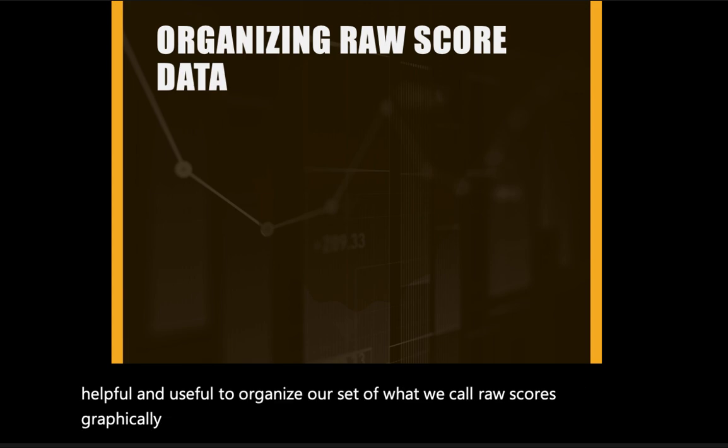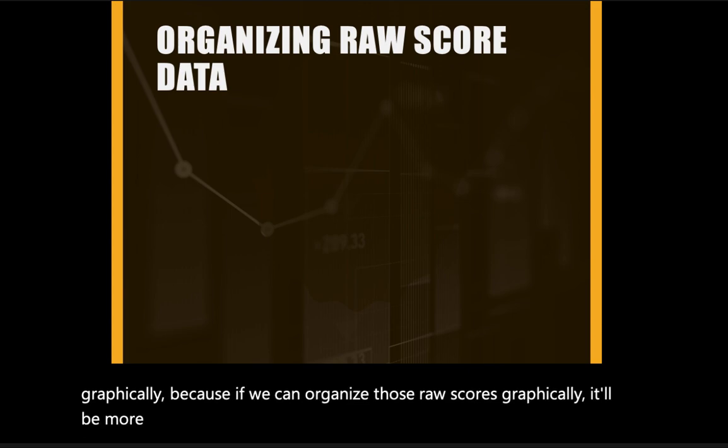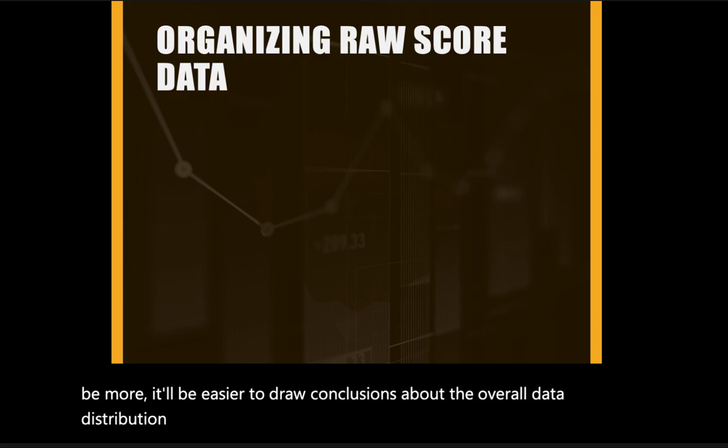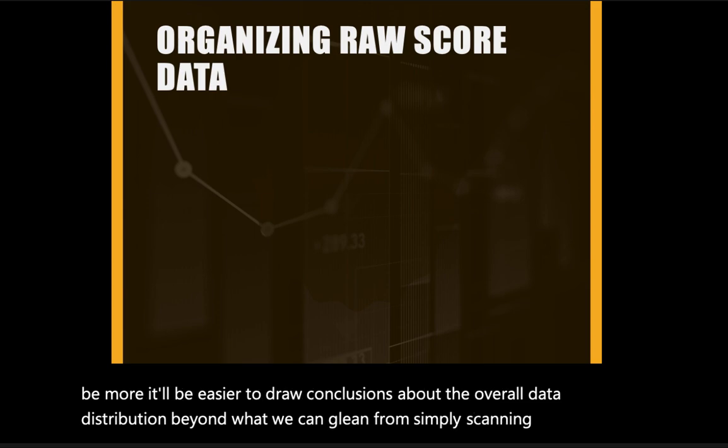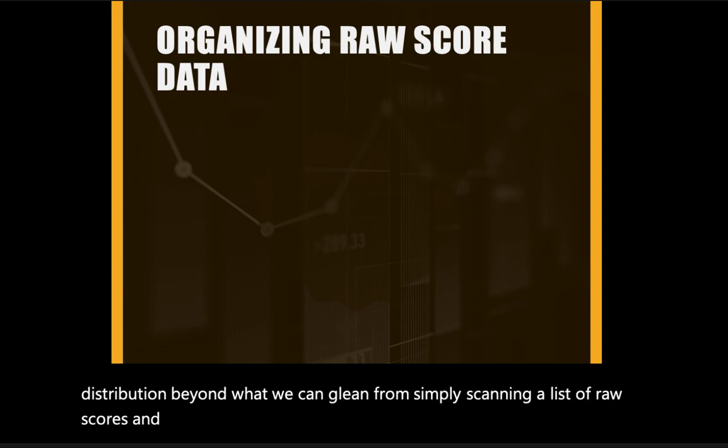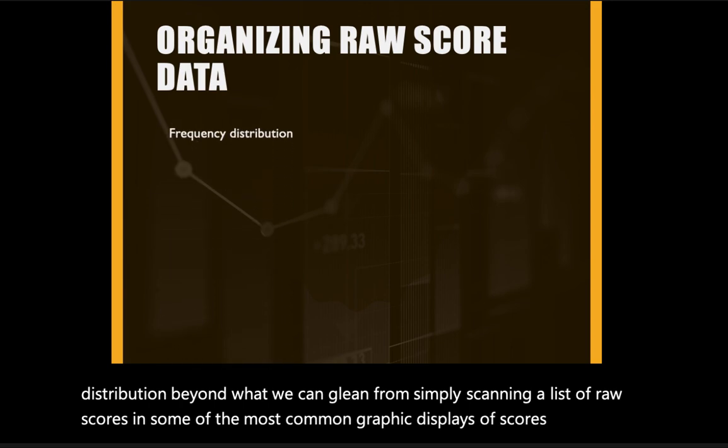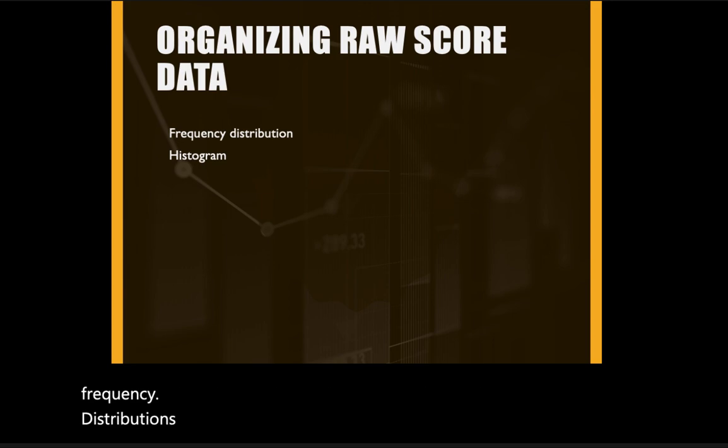Because if we can organize those raw scores graphically, it'll be easier to draw conclusions about the overall data distribution beyond what we can glean from simply scanning a list of raw scores. And some of the most common graphic displays of scores are frequency distributions, histograms, frequency polygons, and bar graphs.